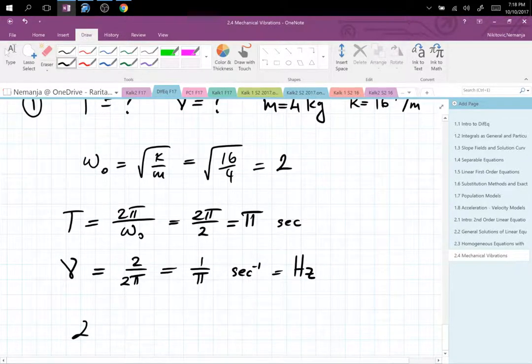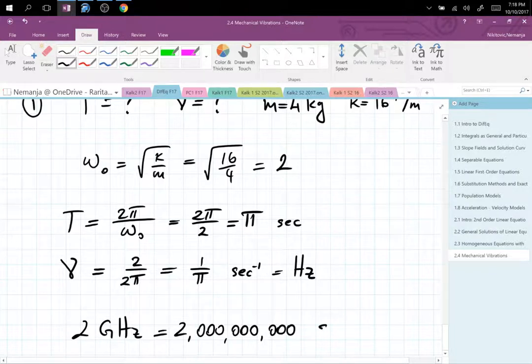So 2 gigahertz is 2 times 10 to the 9 second to the minus 1, which is 1 over second. That means 2 billion cycles per second.